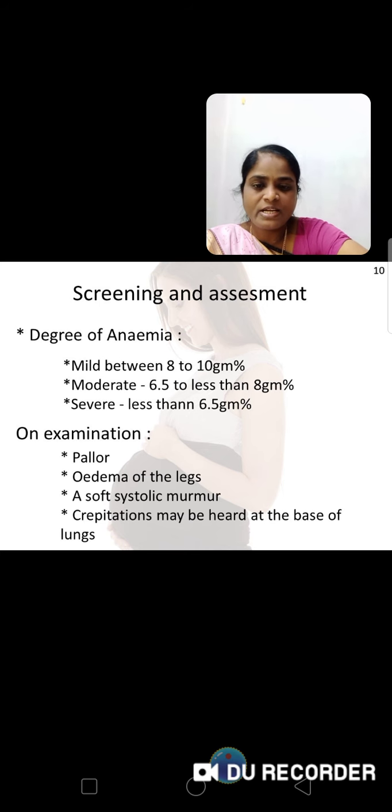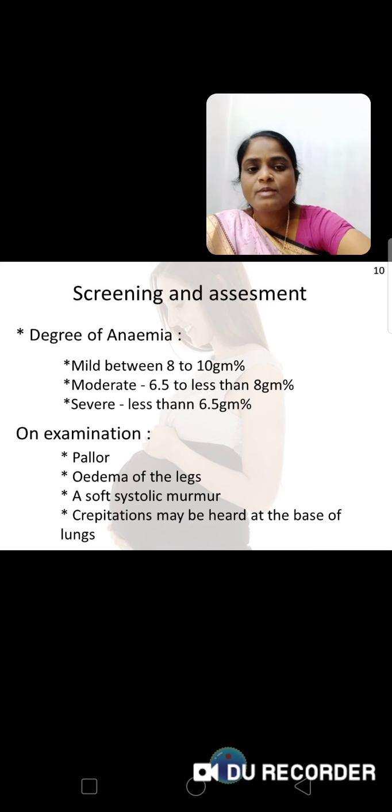And edema of the legs, and in auscultation we can hear a soft systolic murmur in the heart sounds, and also crepitations may be heard at the base of the lungs because of lung involvement.